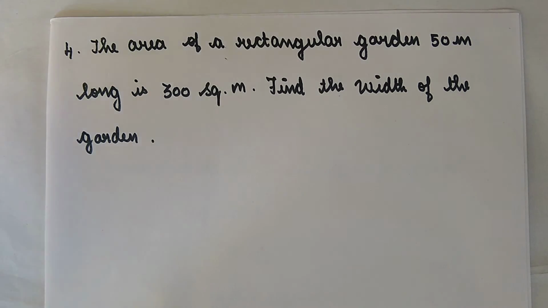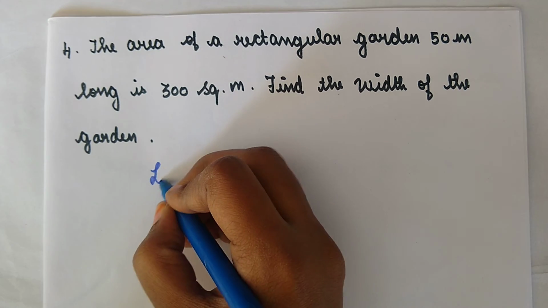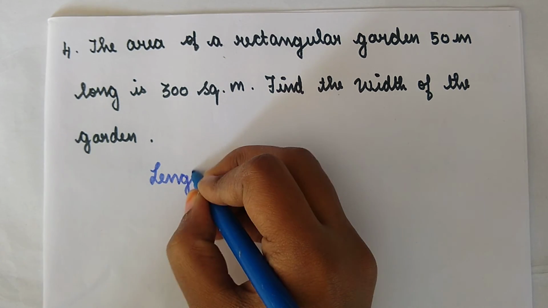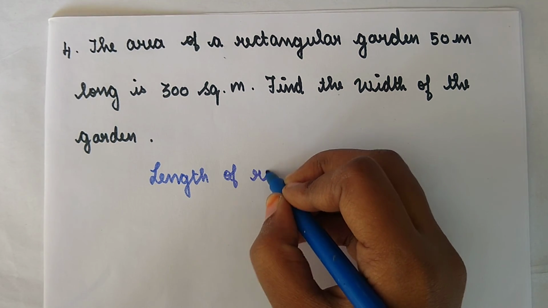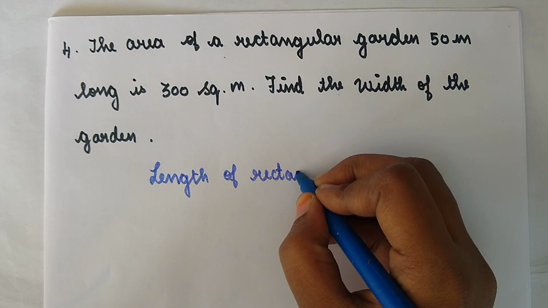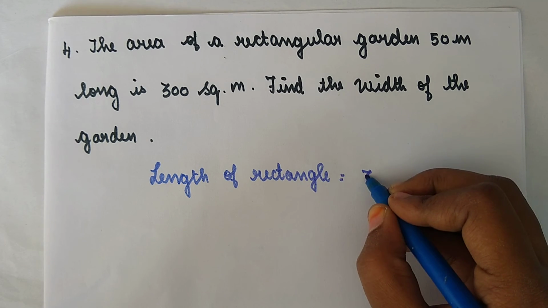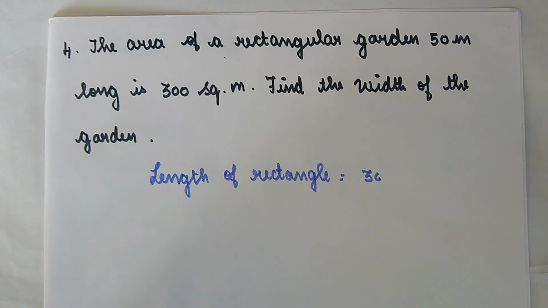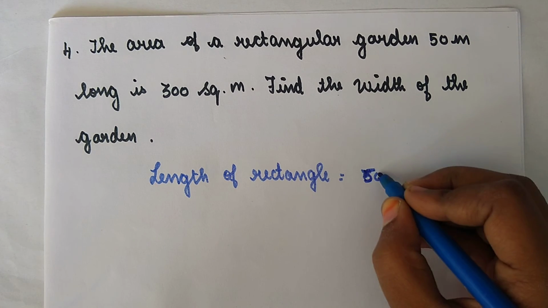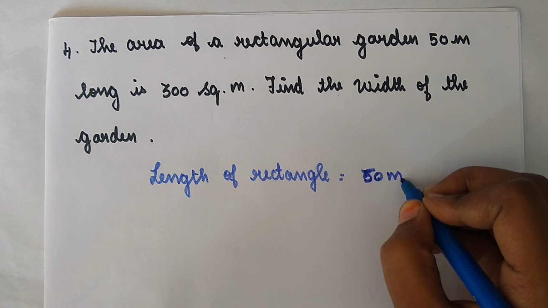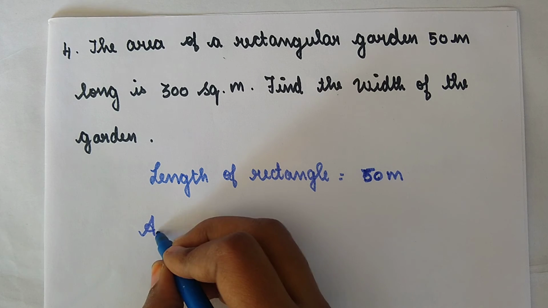First we write the given portion. Here given is length of rectangle is 50 meter.